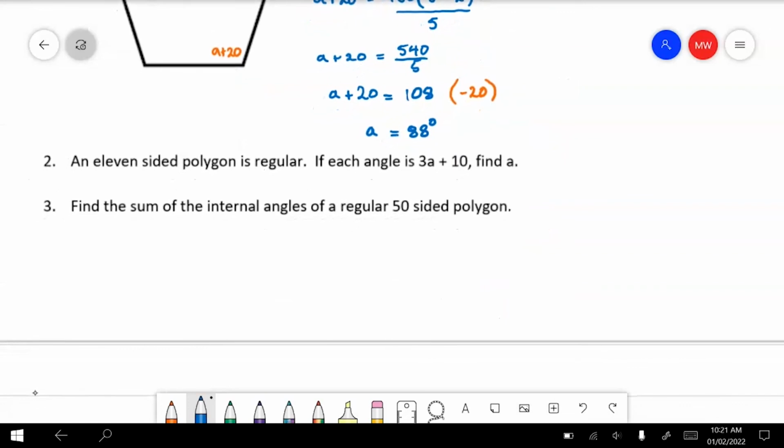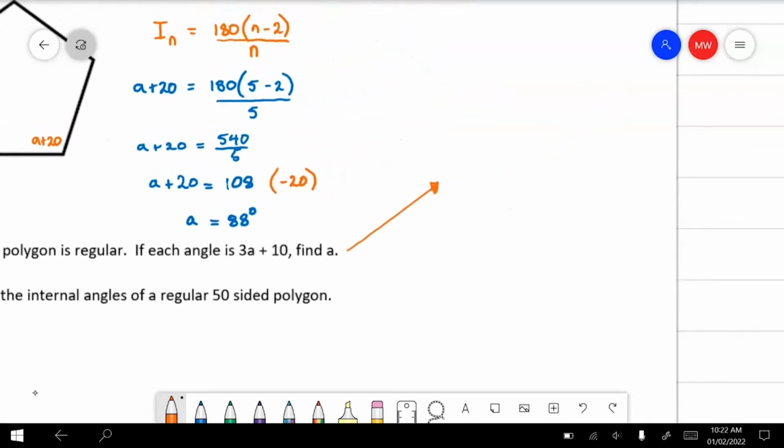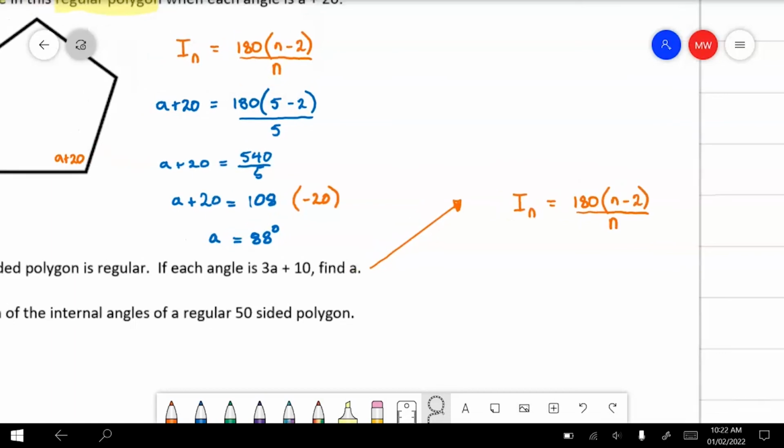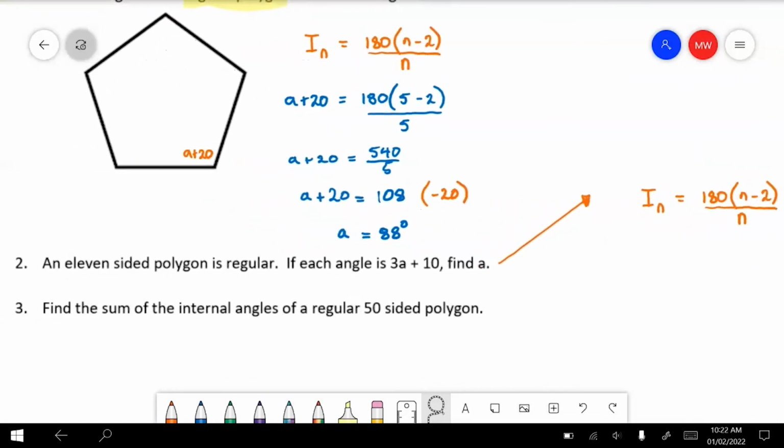Question 2, very similar to the question above, not very much room to solve it, so I might just move this one over here. So we'll work over here for this one. We'd like to use the same formula again, so we'll just borrow that. And this time, we're just going to check our question.